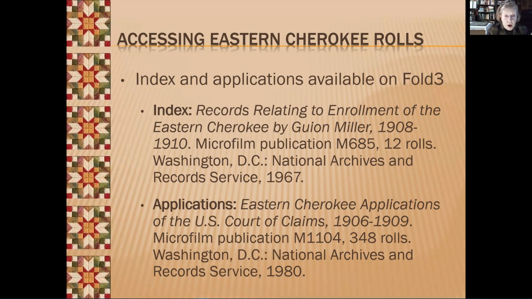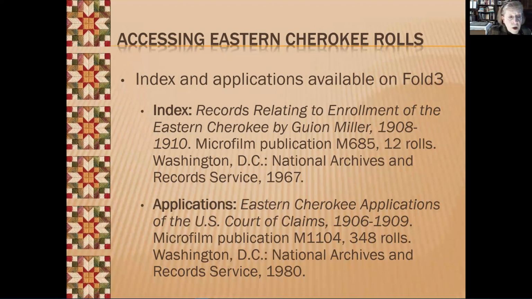Whether they were approved or not at this point is not important. It's just that if they did apply, there may be information on their application that would be of value to you. And then the actual applications are also on Fold3.